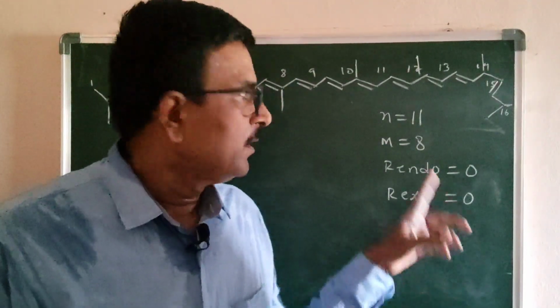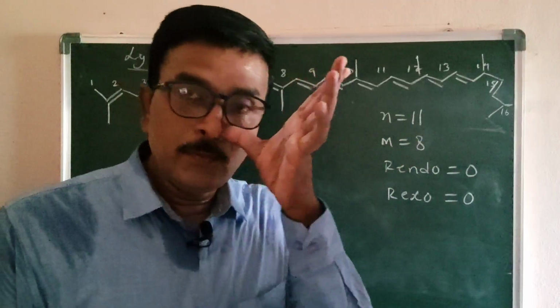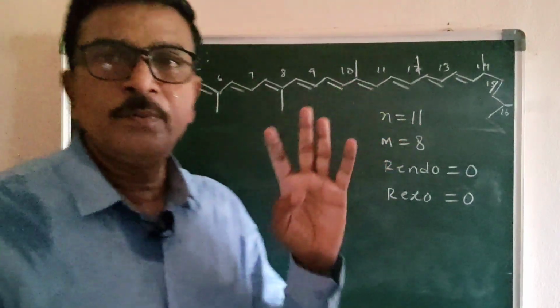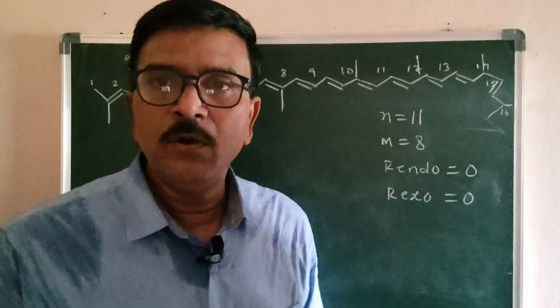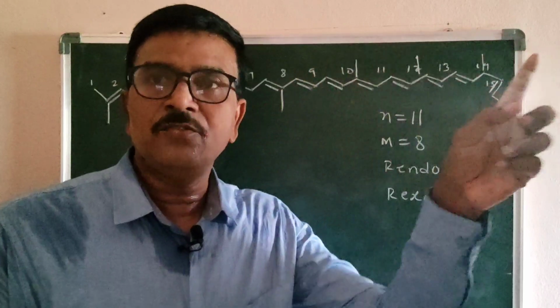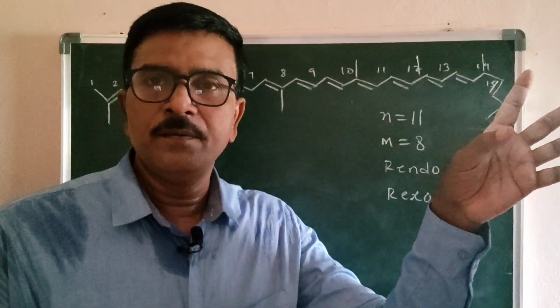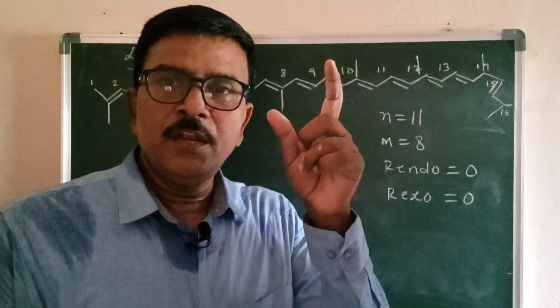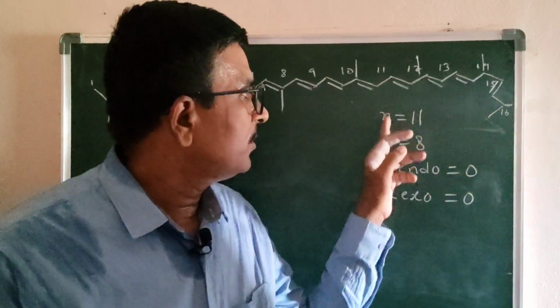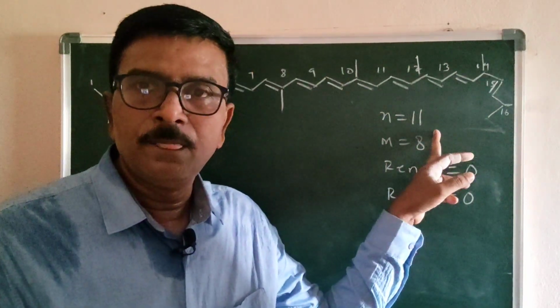Is it clear? So in total there are 13 double bonds in the lycopene structure, but the first and last double bonds are isolated. In between these two there are 11 conjugated double bonds. So N is equal to 11.